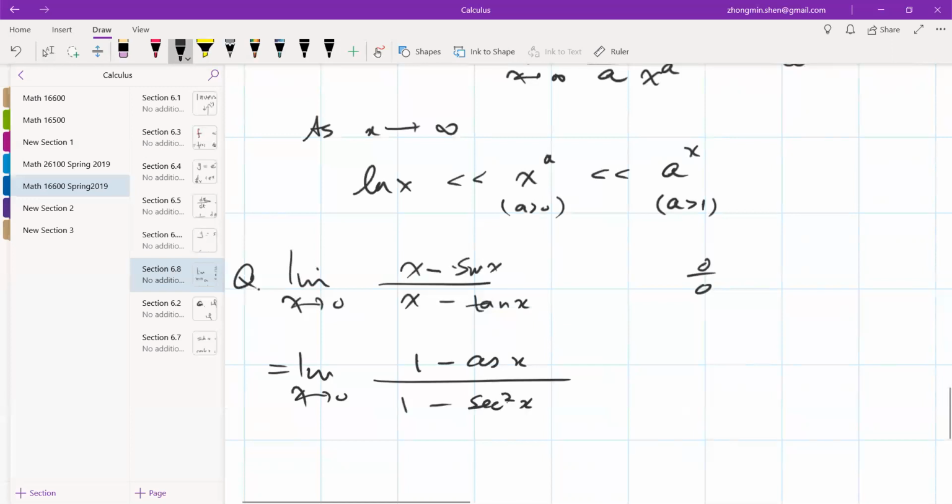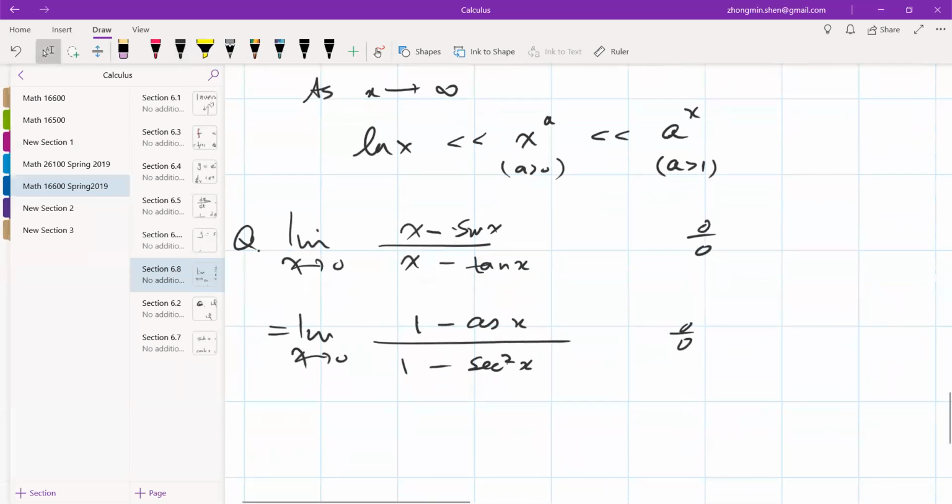But if we plug in 0 for x, it's still 0 over 0 type. Now the question is whether you should continue to differentiate this. I find you can modify the function first before you differentiate. It's up to you. If you continue to differentiate numerator and denominator, you have to differentiate further and further, and you will continue to get the same type of function, 0 over 0 type.